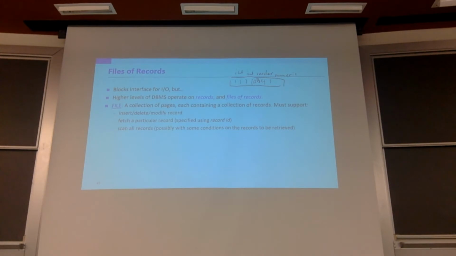Your database files are mapped to different regions in those physical files on your file system. Or if you are using raw disks, you are mapping your database files to regions, sectors on your disks. That's a little different from what the OS provides you, but it's still the same abstraction as in a file system. A file is a collection of pages, where the pages store records.